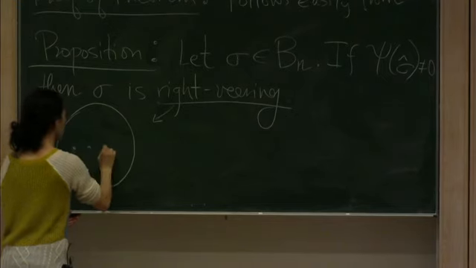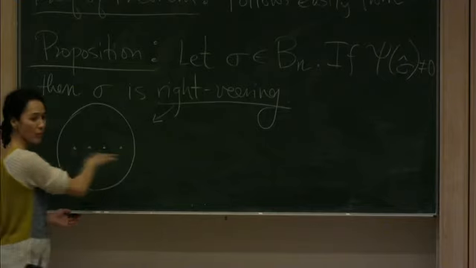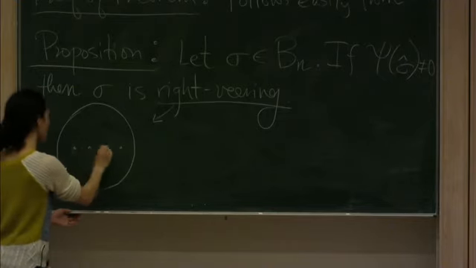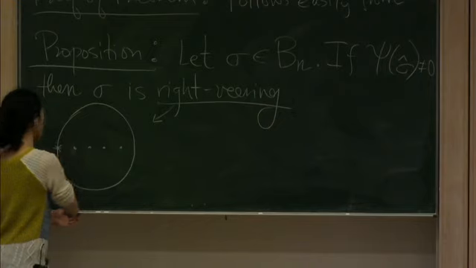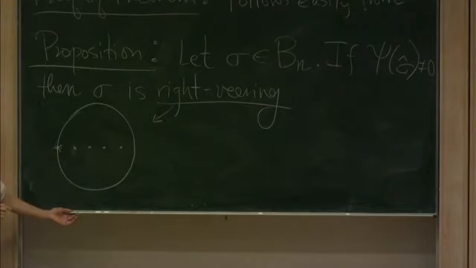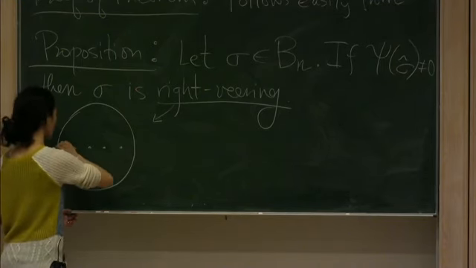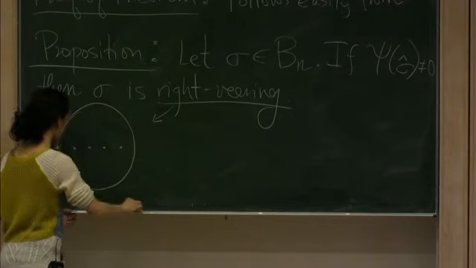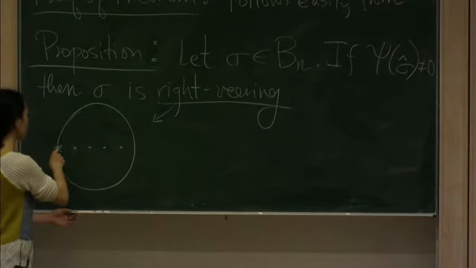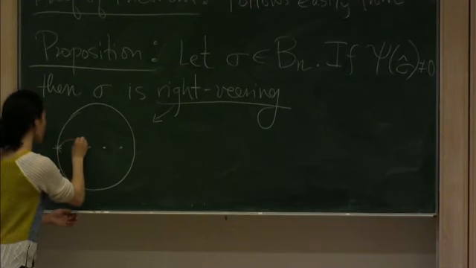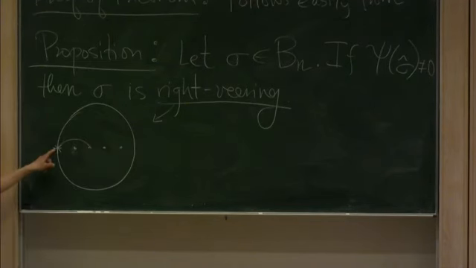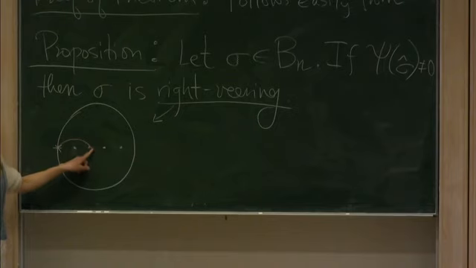If you have this disk with the marked points, and now you've also marked this special point on the boundary, you can consider an arc to be admissible if it's smoothly embedded and transverse to the boundary, and connects this boundary point to one of the marked points in the interior.